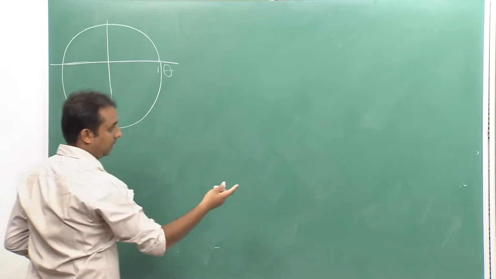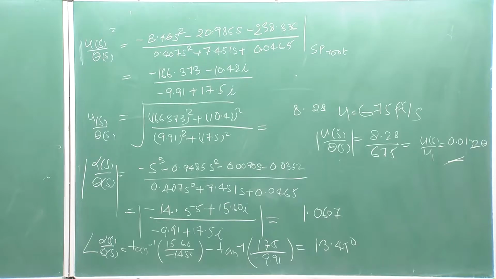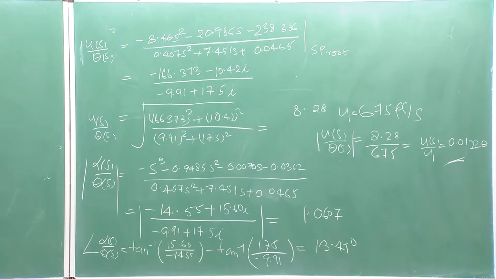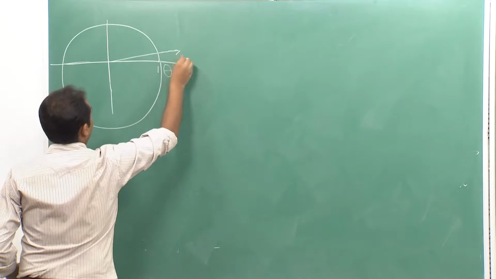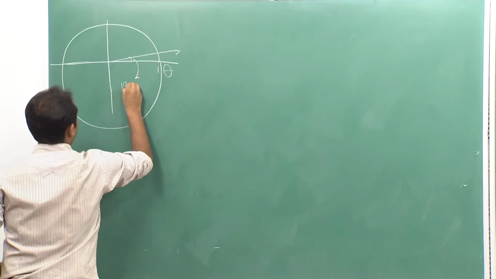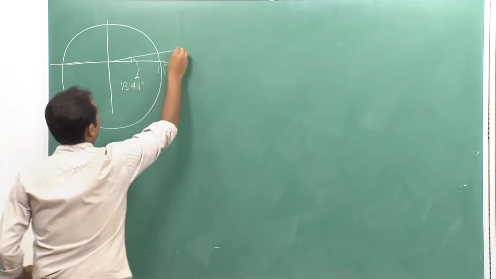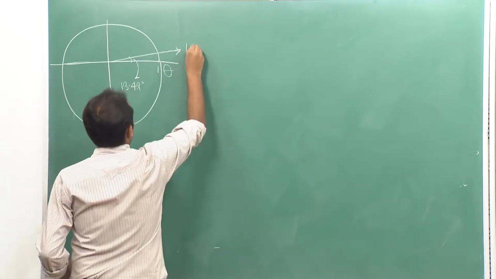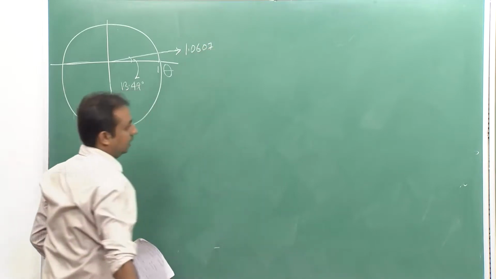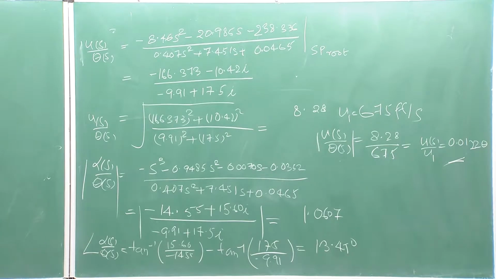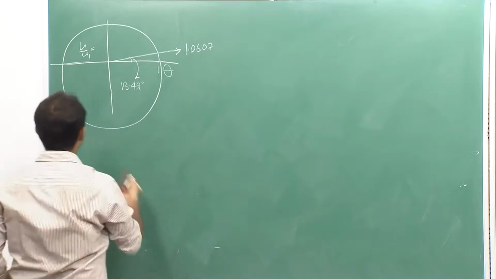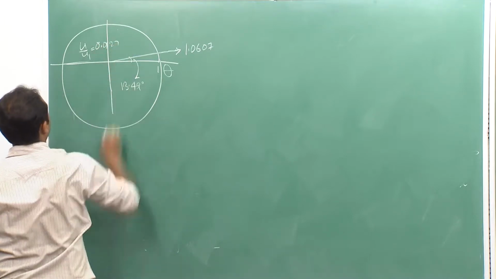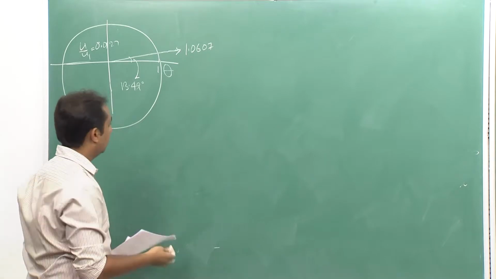Your magnitude of alpha will be 1.06 at an angle of 13.49 degrees. And u of s upon u1 in terms of theta is very small, 0.0122, so we can neglect that part.